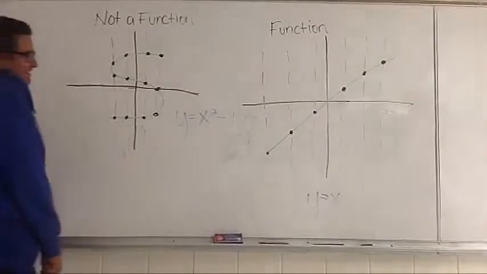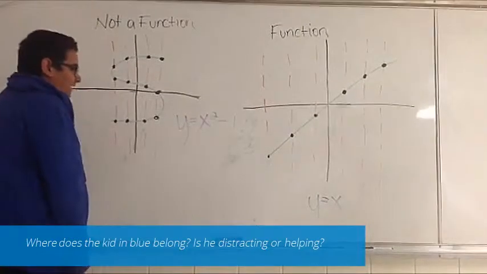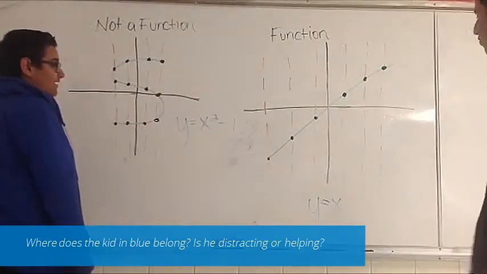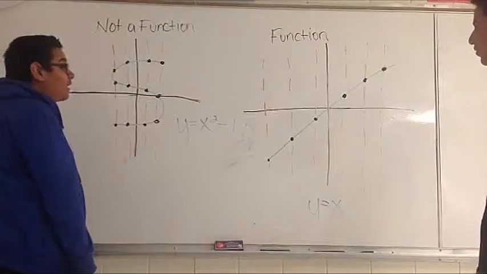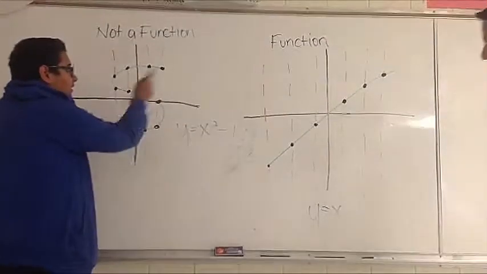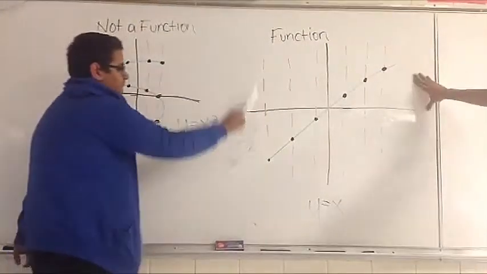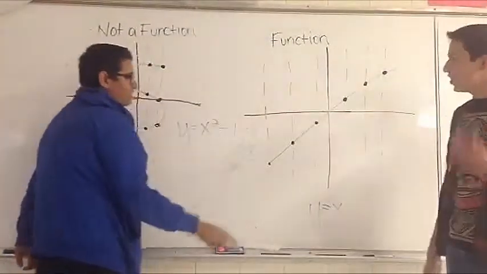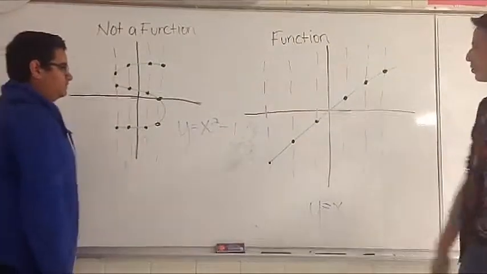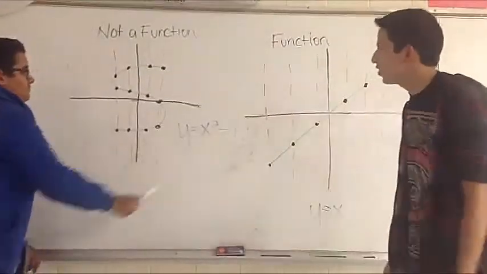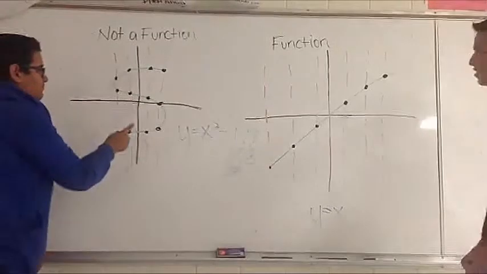When graphing a function, there are certain main characteristics that tell us whether it is a function or is not a function. Some of these include the vertical line test, which works for this because it is a function, since there are no repeated x's, but it does not work for this one because there are more than one x's.